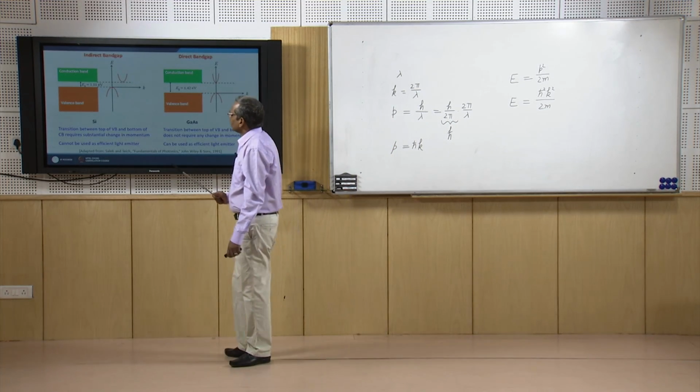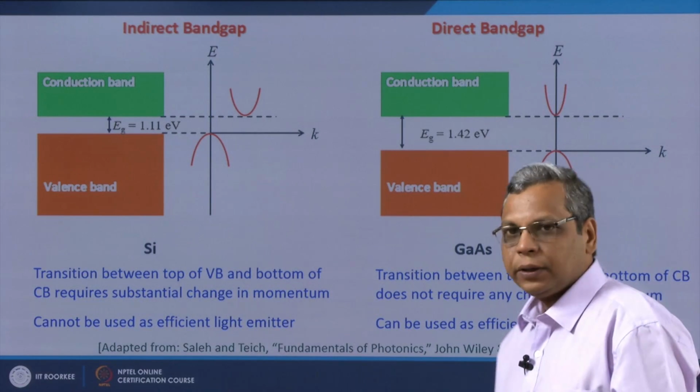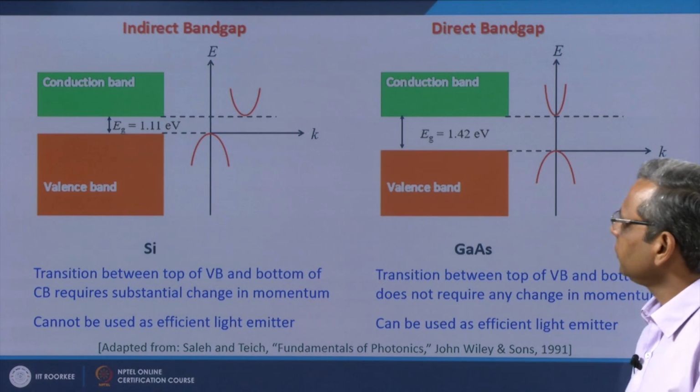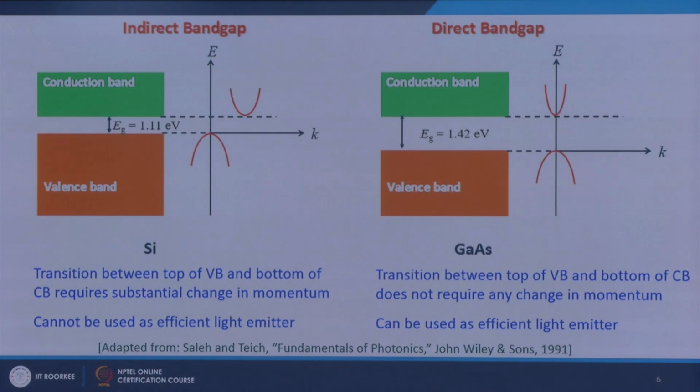Now, depending upon how the EK diagrams of a semiconductor look like, I can have indirect band gap semiconductor and direct band gap semiconductor.